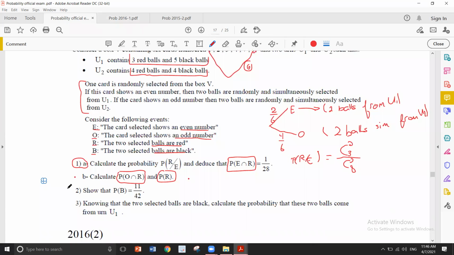Part 2. How to calculate or how to show the probability of black is 11/42. How to verify that the probability of black is 11/42.